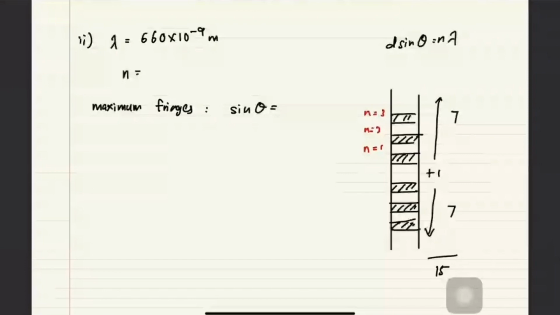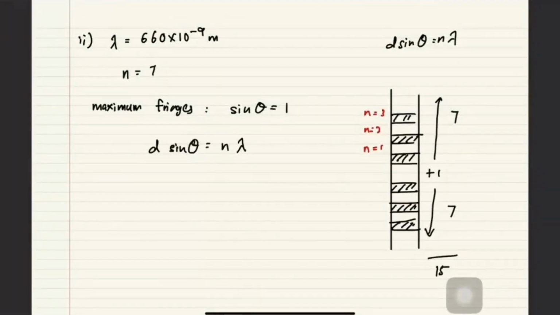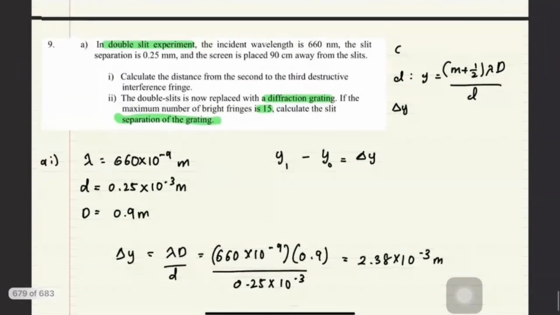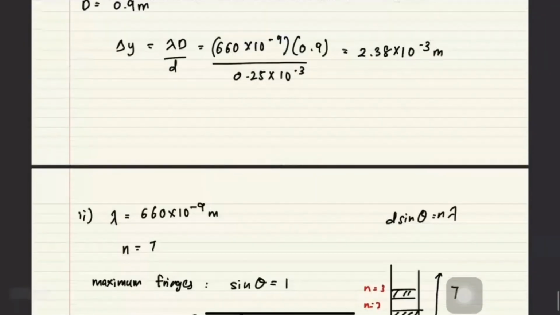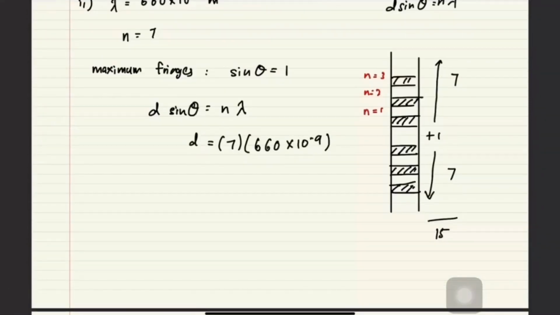So substitute back inside the equation. So you have d sin theta equals to n lambda. So dia nak cari d ya. Dia kata calculate the slit separation d lah. D sama dengan 7 lambda over 1.